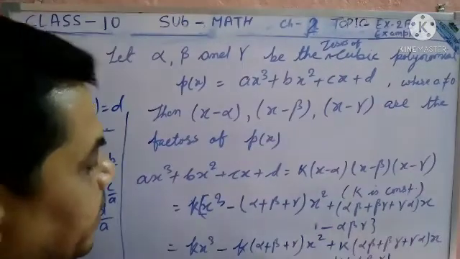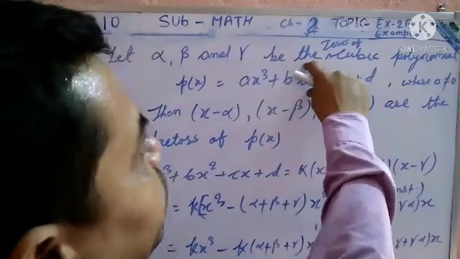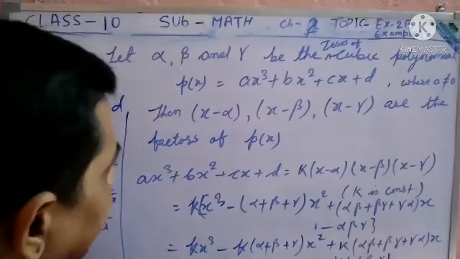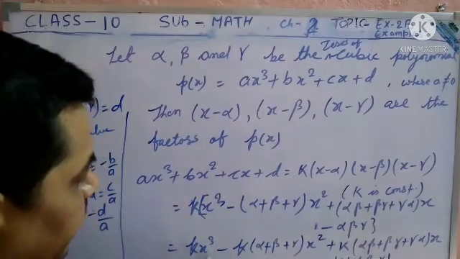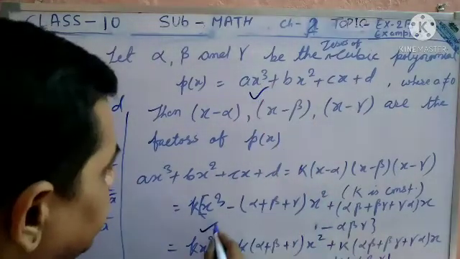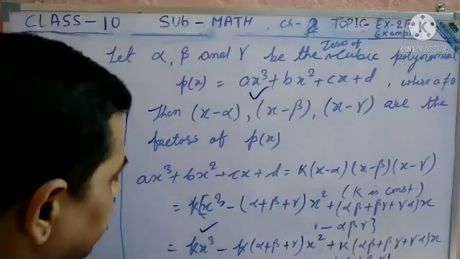Now comparing with the general equation of the polynomial, the coefficients of x cube on both sides are common, so k is equal to a.